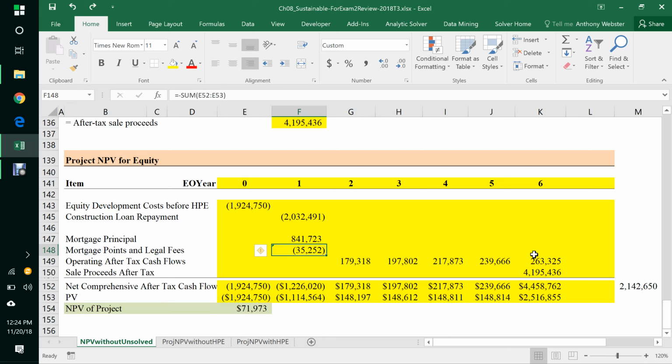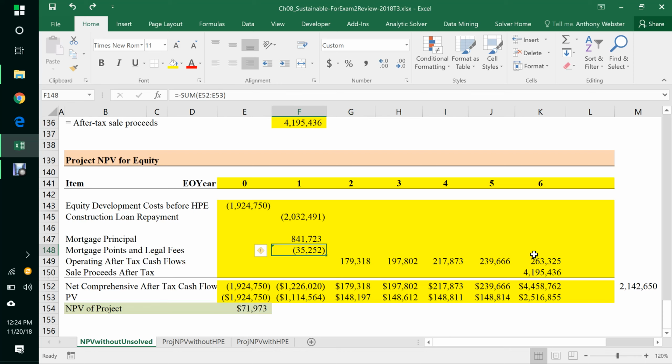You've started to see on the homework, sometimes I don't baby you with every exact line you need to put in, so I've made you think about what other things may have to go into somebody's comprehensive cash flows, and say, oh yeah, mortgage principal has to go in there.